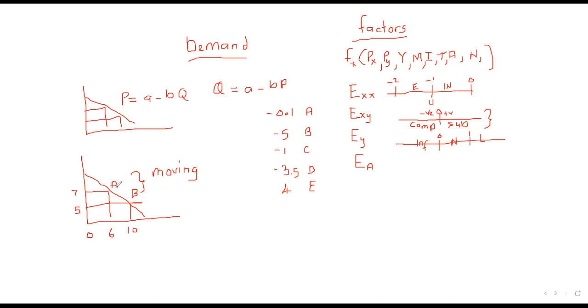So there's what we call point elasticity of demand and arc price elasticity of demand. The tendency of elasticity changing between certain price ranges creates an arc.